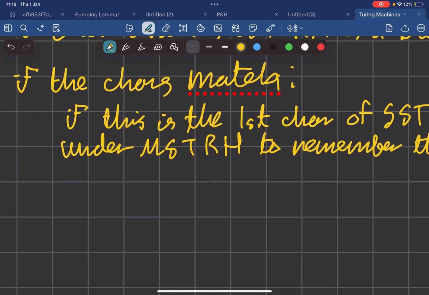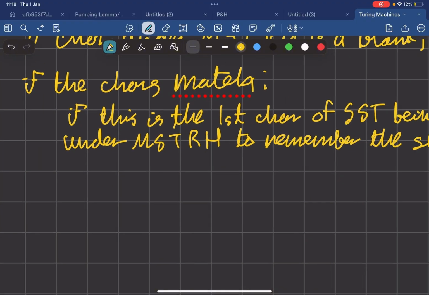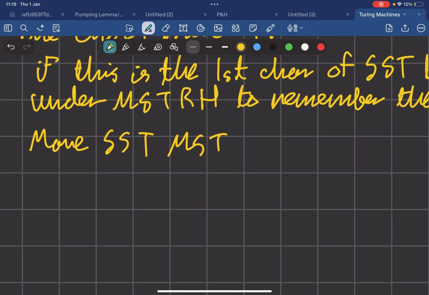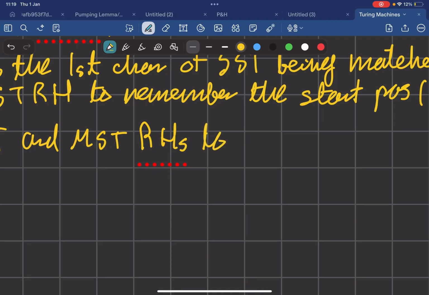And if the characters did match, we also want to move the read heads to the right by 1. So we're going to try and match the next character.